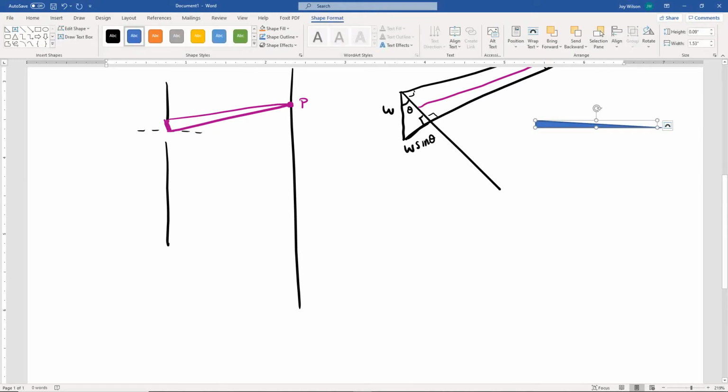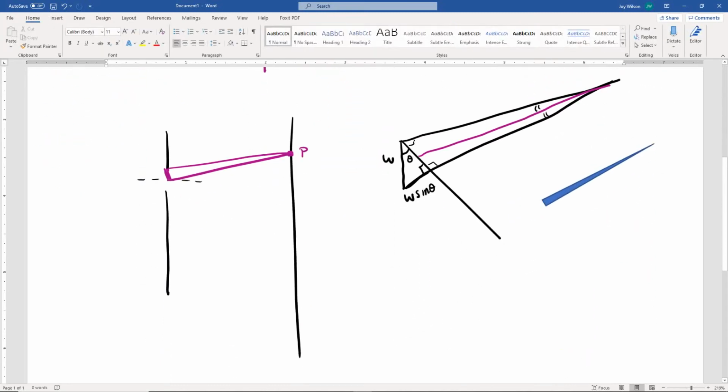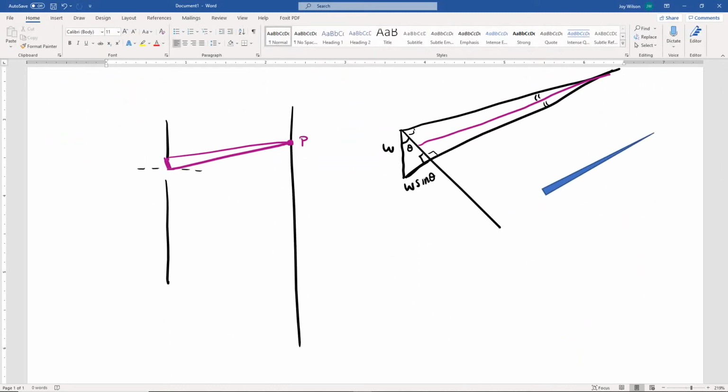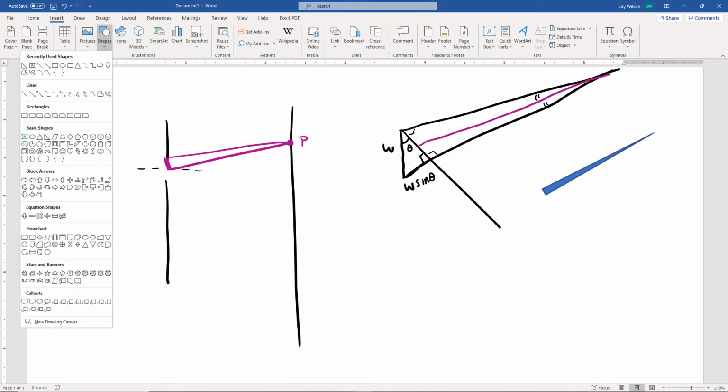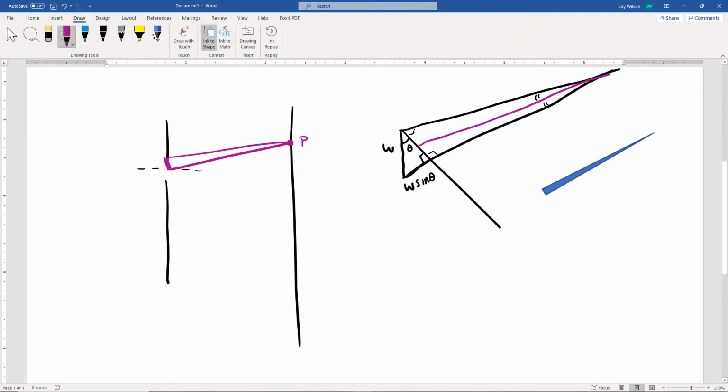Okay? And I'm going to rotate it around. So this right triangle, you'll notice that if you look at the ends down here, those two angles look awfully close to right angles.